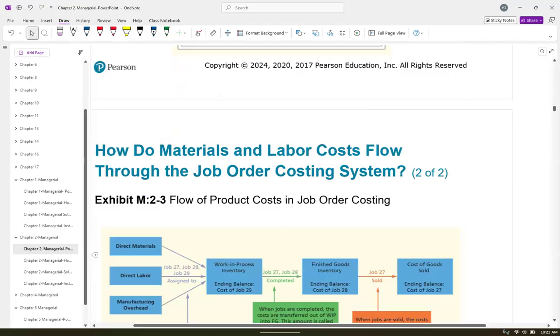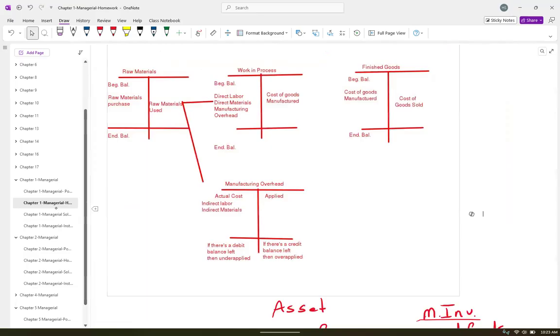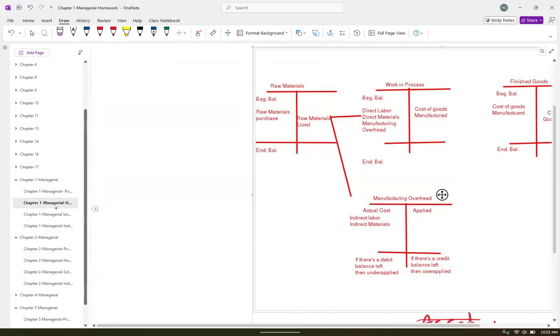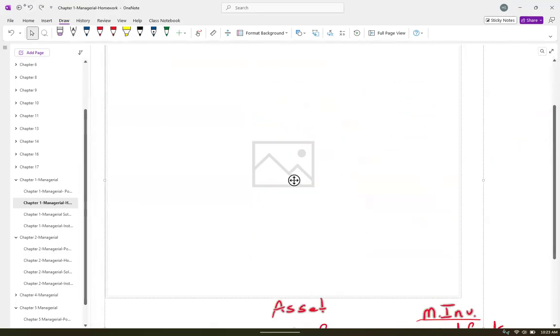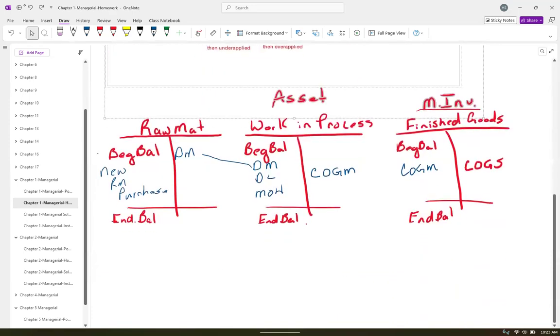And here is sort of the flow of goods. I gave you this in a T account because I really like that. I want you to understand that everything that's in that diagram is exactly right here in this thing that I drew out. And I also went ahead and drew out all of these: there is your product cost, direct materials, direct labor, manufacturing overhead.